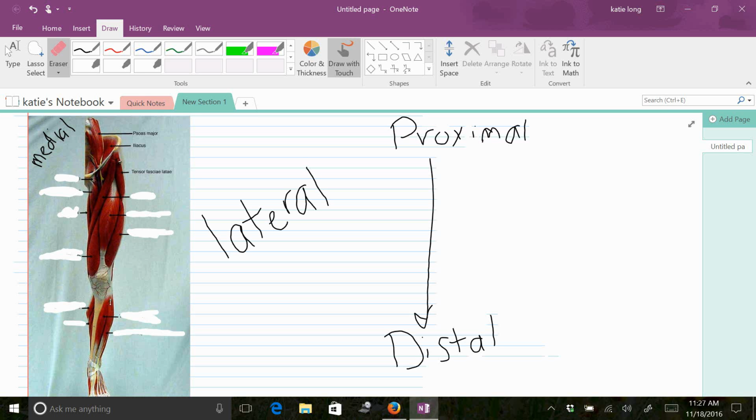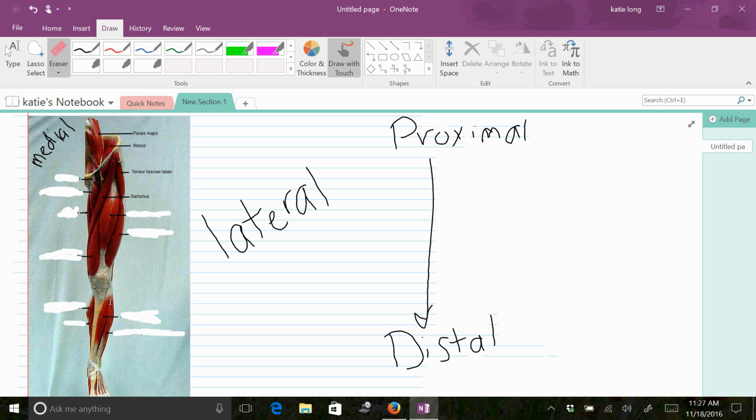So you can actually use the name to help guide you to determine what the action is for this muscle, the tensor fasciae latae. So tensor means to stretch or tighten some part of the body. So if you're in your practical and you can't think of what the action is, you can use the words to guide you.